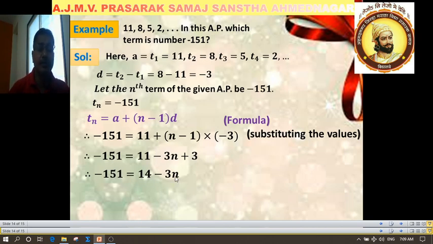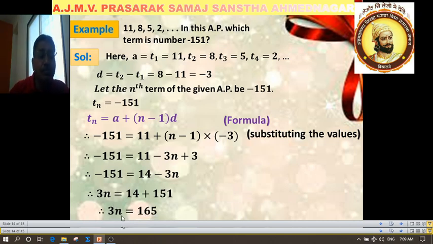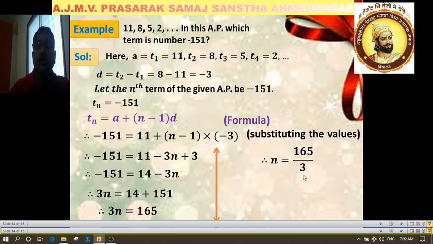Now take minus 3n to the left hand side and minus 151 to the right hand side. So taking transformation of minus 3n and minus 151, we have 3n is equal to 14 plus 151. So 3n is equal to 165. Now transfer 3 to the right hand side, we get n is equal to 165 divided by 3.